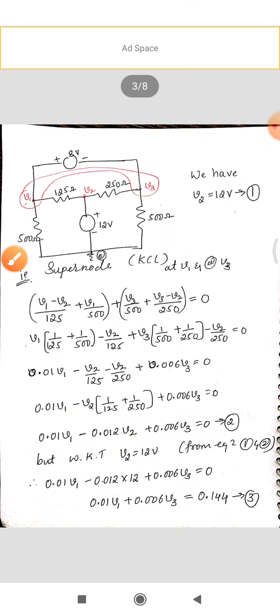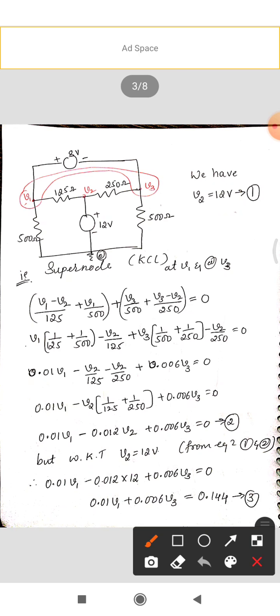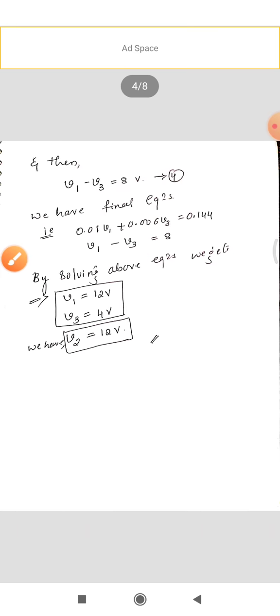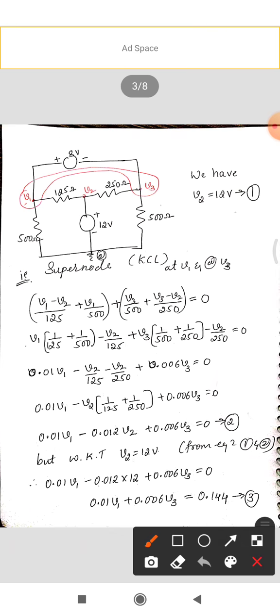Once you have got the three equations we are supposed to get: one we already have, V2 is equal to 12 volt. Another one we got from the super node equation, and the last one we have to get. Observe this one we have left, where this side is positive and this side is negative.